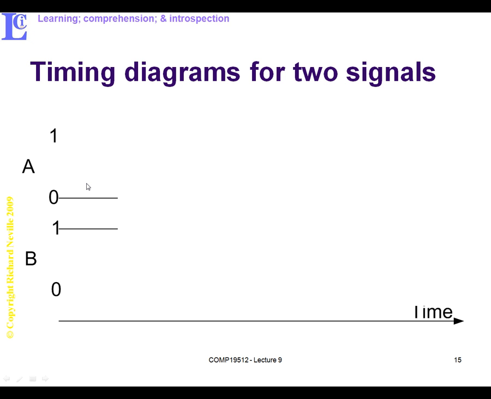So here are some timing diagrams. We're at the very start of two signals being transmitted. On line A the signal is initially 0, at the low state, and on line B it's high, or 1. This line gives us a timeline across the screen from left to right. Now let's see what happens for these two signals as they vary over time. One of them varies from low to high to low again, and these periods are the transitions from low to high and from high to low.